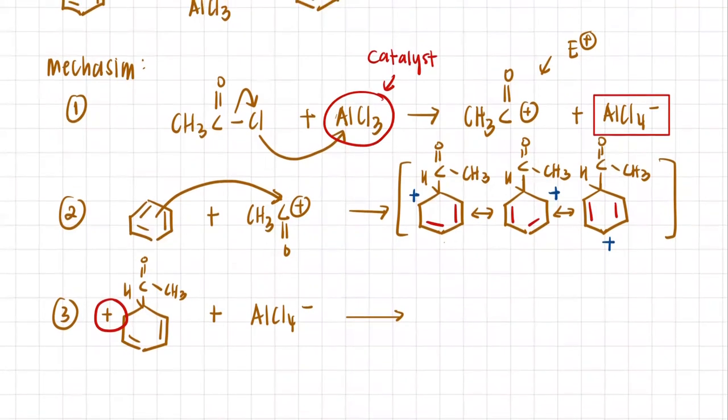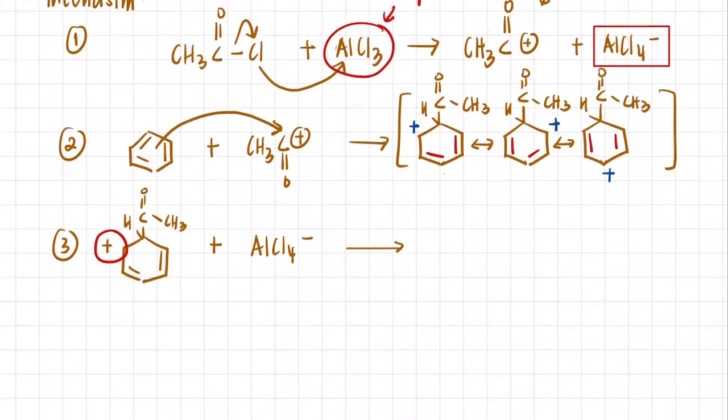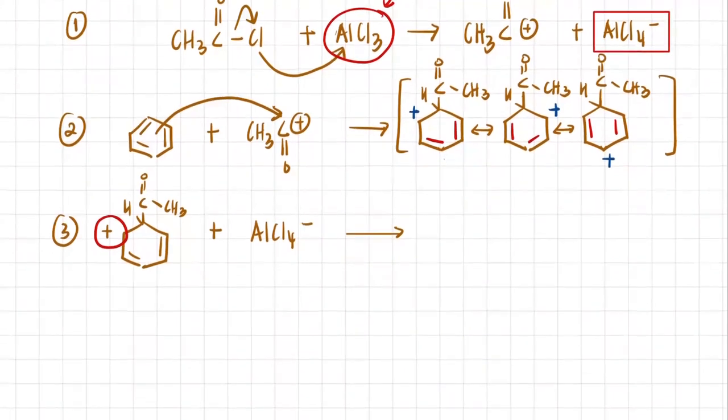So the first thing this AlCl4 is going to do is attack the hydrogen. After AlCl4 takes the hydrogen, the electron from the bond goes back to the positive side, forming a neutral benzene.